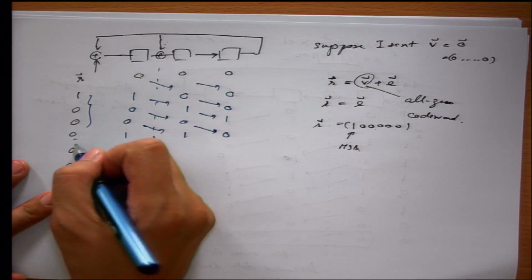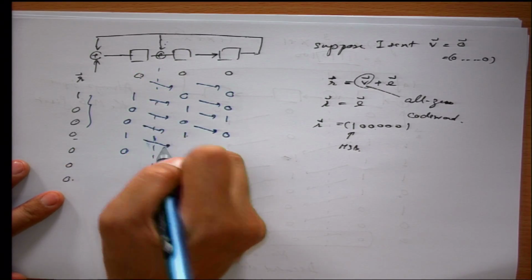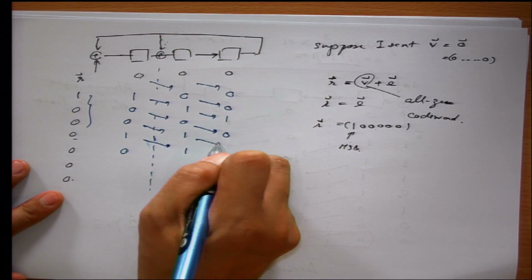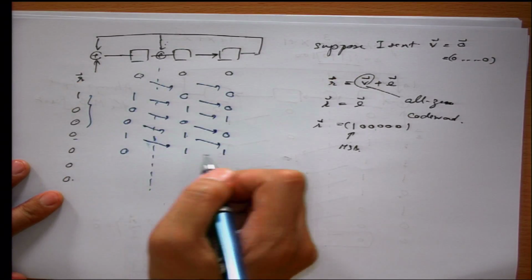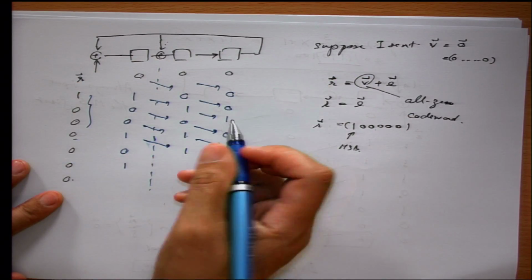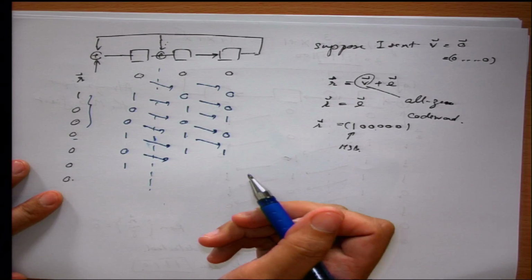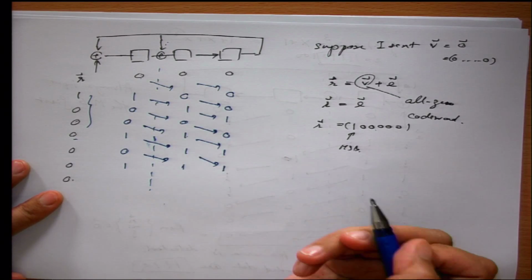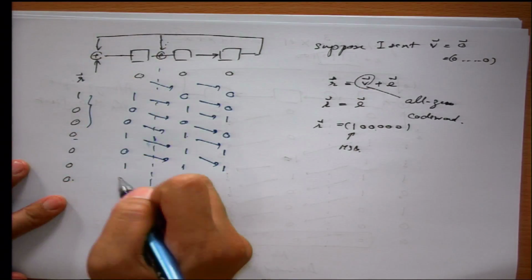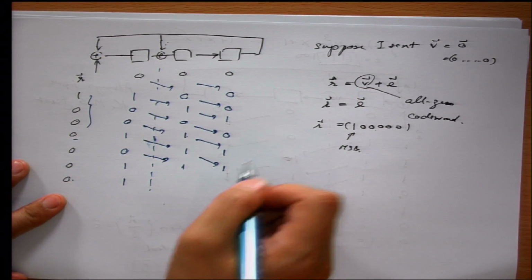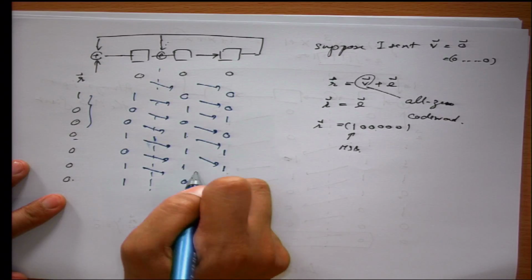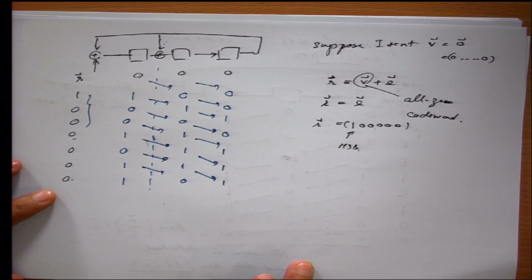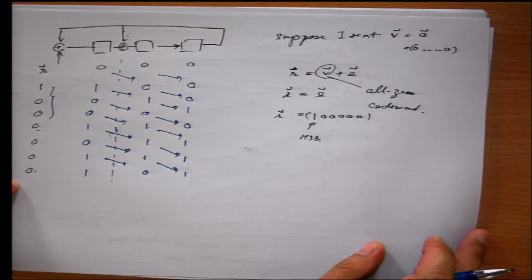Now 0 plus 0 is 0, so 0 feedback, this is the same. Now 1 feedback, 1 plus 0 is 1, so this changed, this is the same. 1 plus 0 is 1. 1 plus 1 is 0. So you can see that we have the values here.